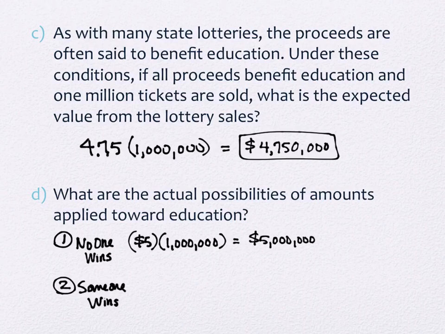So if someone wins, there still were only $5 million paid, right? $5 tickets, 1 million tickets paid into the system, right? Were paid to the state. But then they have to pay out how much to the winner? 14 million to the winner.